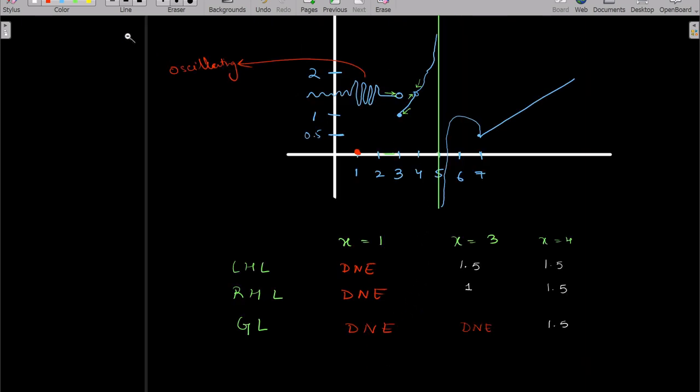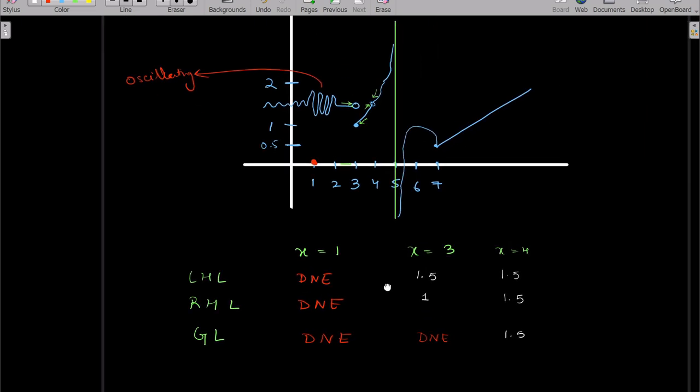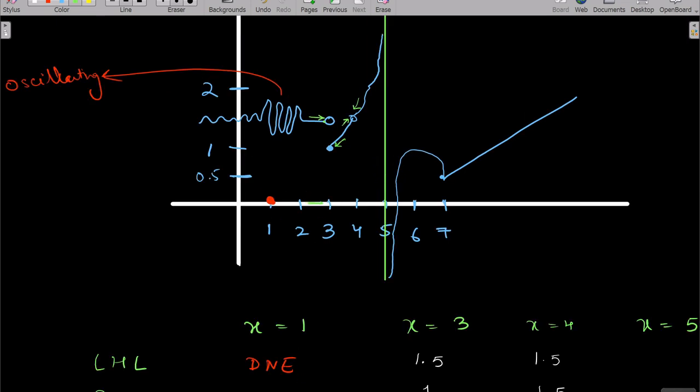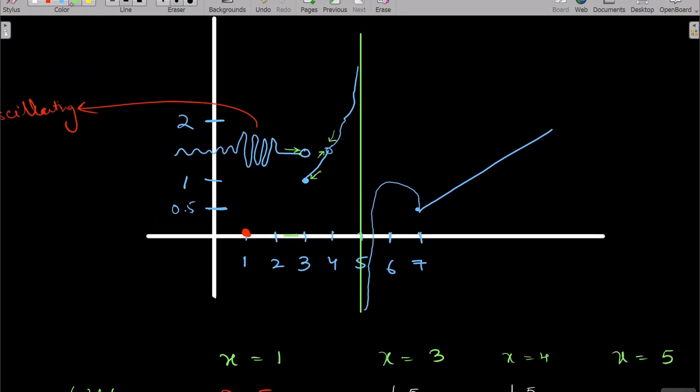Okay. Now we have a point on an asymptote, x is equal to 5. What's happening when x is 5? What is the value of the function from the left side and from the right side? From the left side, for an asymptote, there won't be one, because it'll never reach that number.